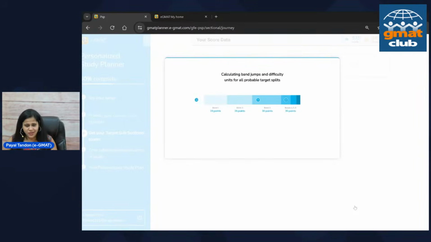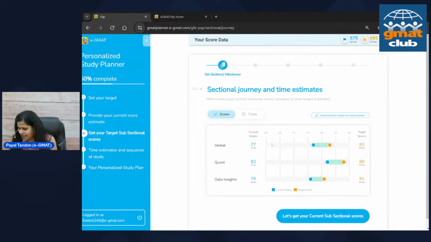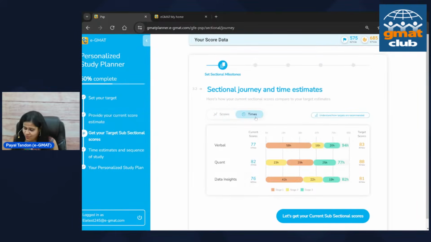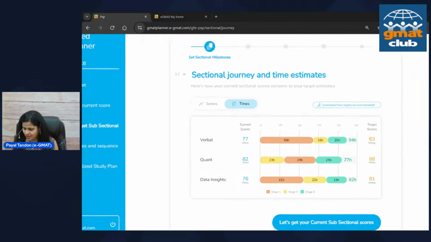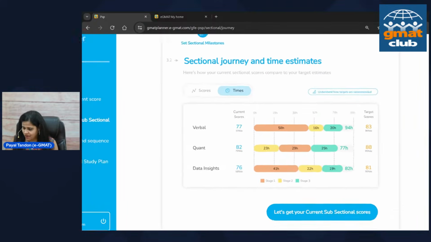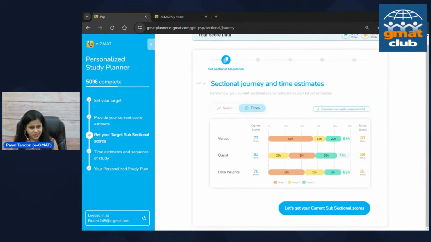Next, it's going to set my subsectional targets over here. So it's working on that. It has given me a journey view of each and every section. In verbal, I need to spend the majority of my time in learning the concepts. That's stage one, in orange color over here. And then cementing has to be done, 16 hours for that.